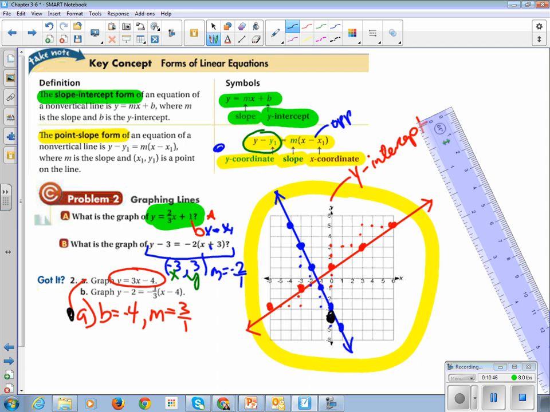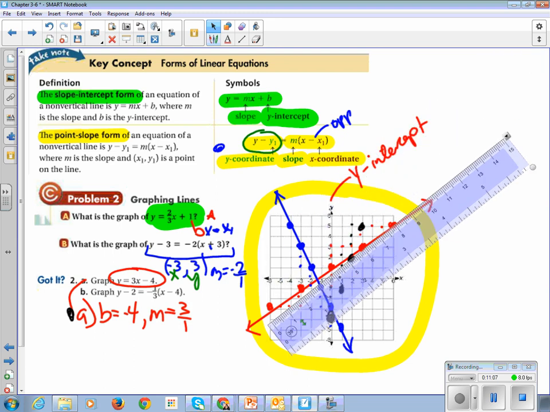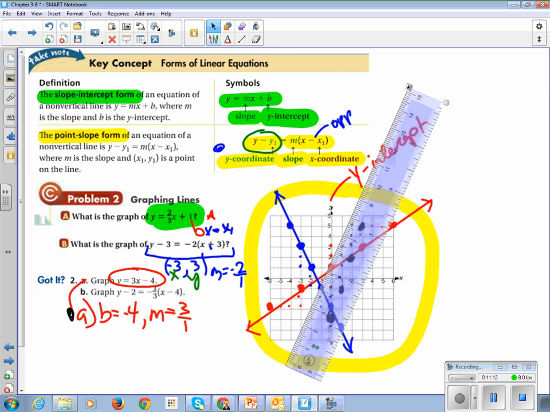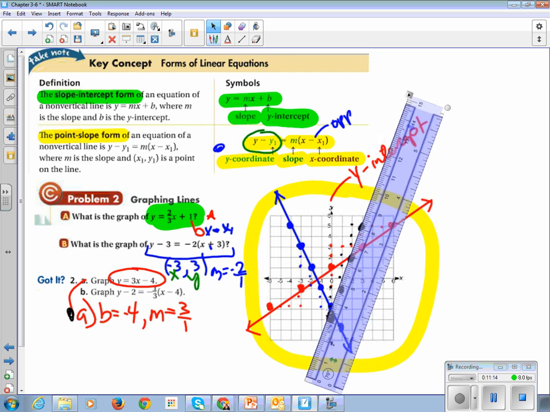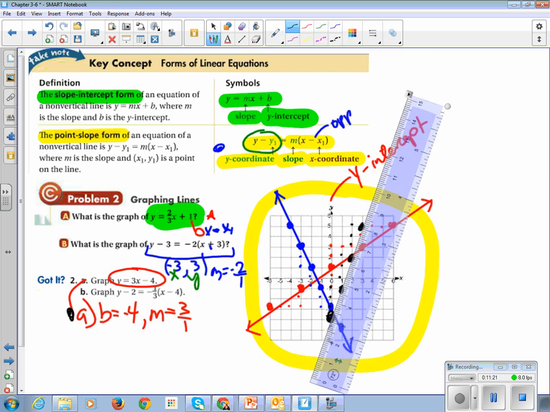He's right here. And I want to go up 3 over 1. Once I'm out of graph on both sides, I get a steep line. The larger your slope, the steeper the line you're going to have.